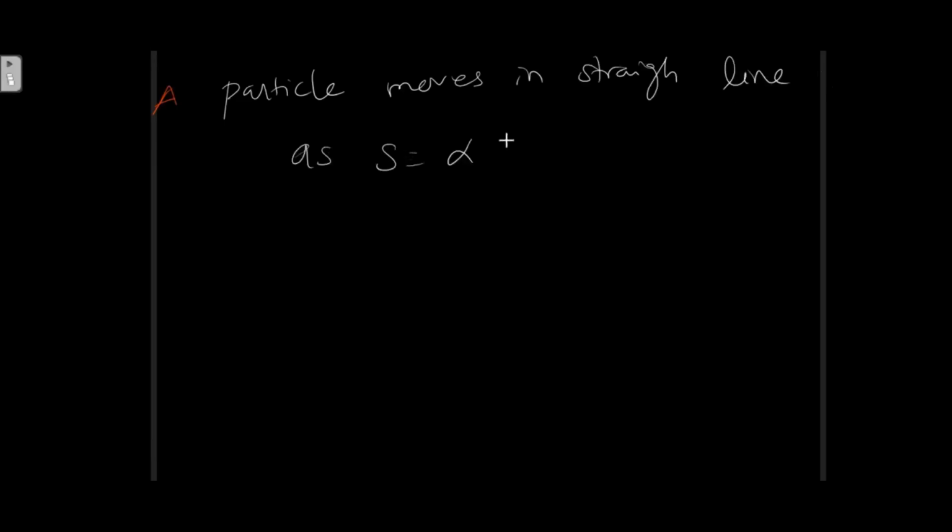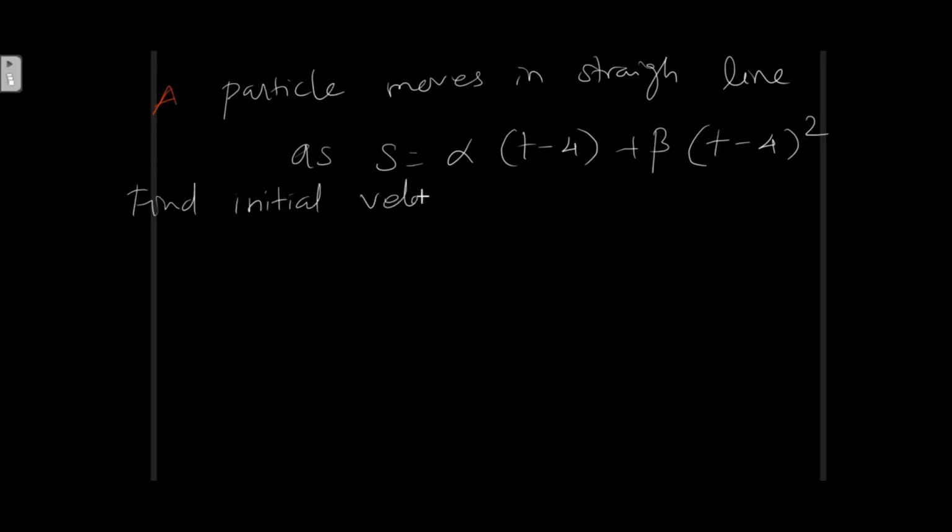A particle moves in a straight line as S is equal to alpha (t minus 4) plus beta (t minus 4) squared. Find the initial velocity and acceleration.